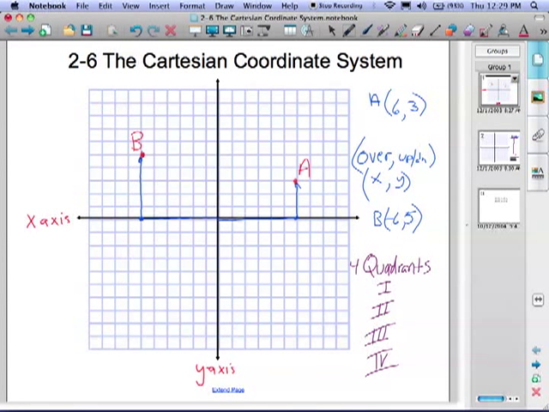If you look at the x-axis and the y-axis, it divides the graph into 4 equal spaces. This space where point A is in quadrant 1. B is located in quadrant 2. C is located in quadrant 3. And point D is located in quadrant 4.